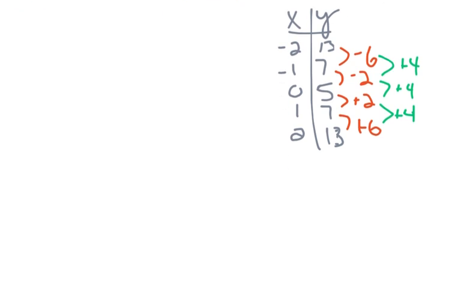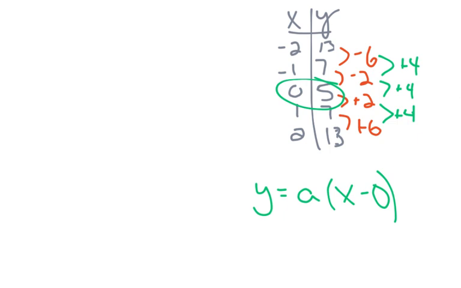Now, we could write the equation, given that we have the vertex. It makes it easy to write this, so I can use the vertex form. So x minus 0 squared, and then the k is 5. Now the only thing I don't know is a at this point. So what I'm going to do is plug in a point and find a.